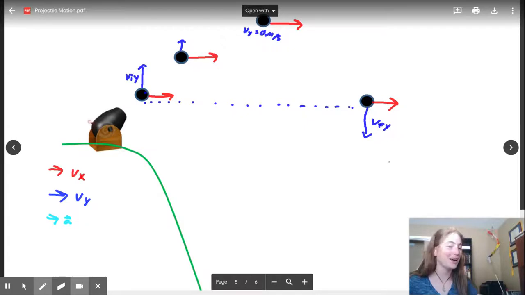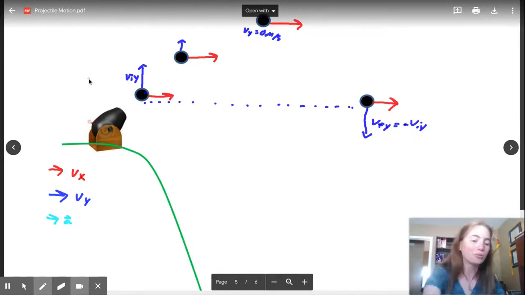Negative VIY. So because we are not taking into account air resistance, they're going to have the same magnitude of their velocity, the same speed as this guy, but its direction is going to be opposite.